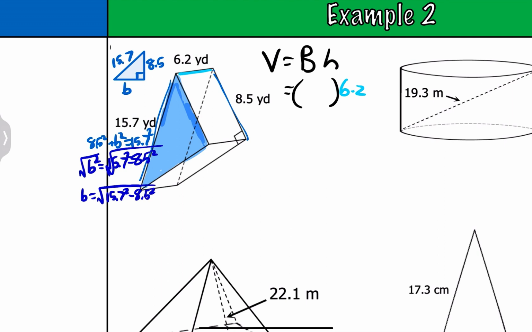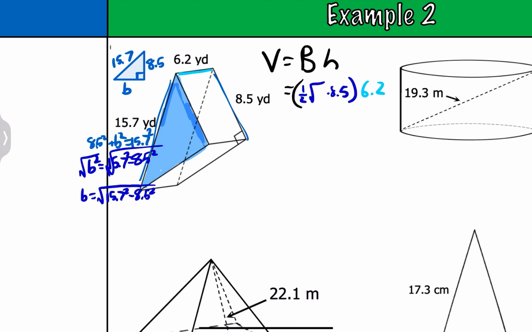So now we plug this into our formula of 1/2 our little base, which is that square root that I'm not going to rewrite right now, and our height of the triangle, sorry, this is triangle height, so times 8.5, and then we have the height of our prism, which is 6.2.